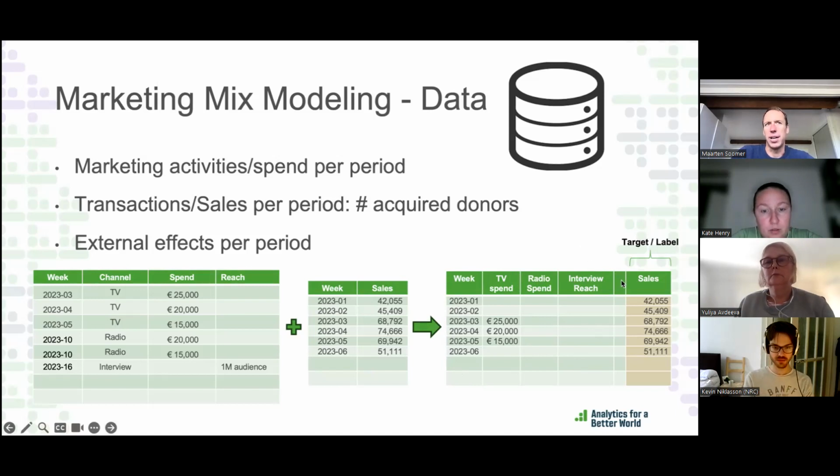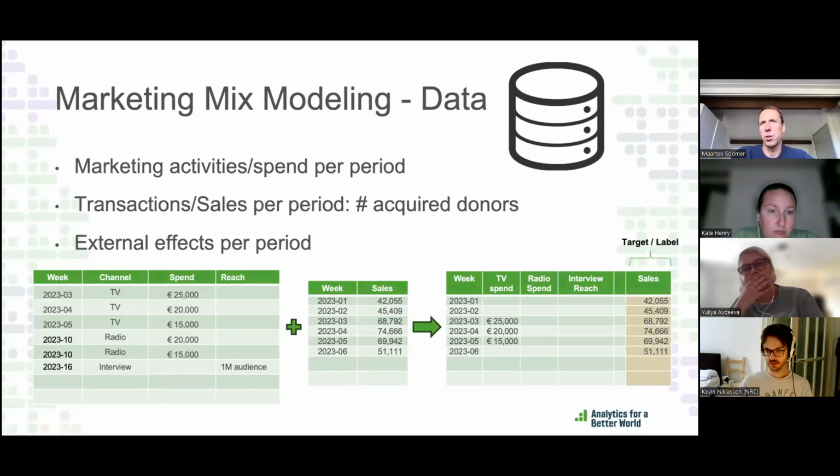And all the variables related to the external effects. And then also, of course, the sales, the thing you're interested in, the number of acquired donors at the end. That's what we typically call our target, as you probably heard before in some other data science introduction course, the thing we want to predict for the future, and we want to understand the number of sales. So of course, you need to also put that in your training data sets for your model.